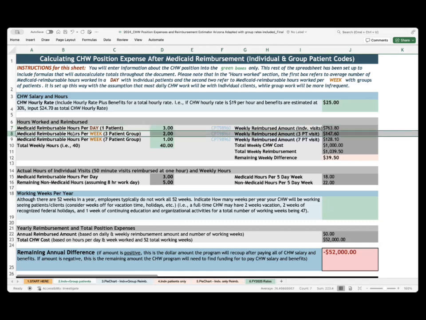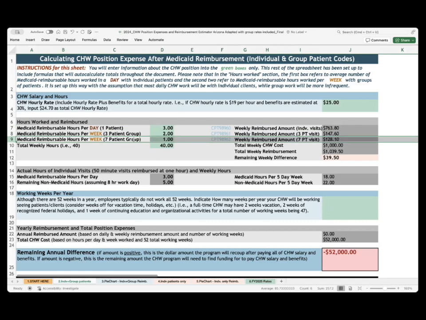And then for this small group work in the 98961, where we had 2 hours a week of 3-patient visits, the return is $147.60. For the large patient group, 98962, our 7 patients, we estimated once a week. That would bring in $128.10 per week.